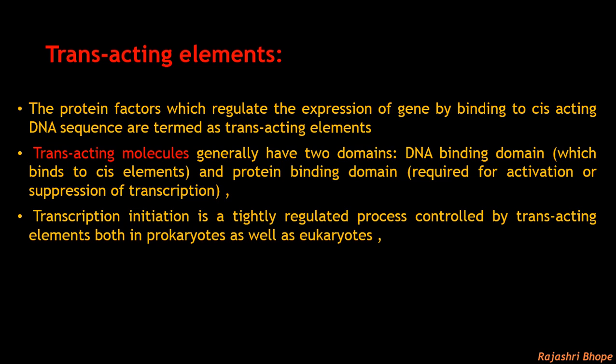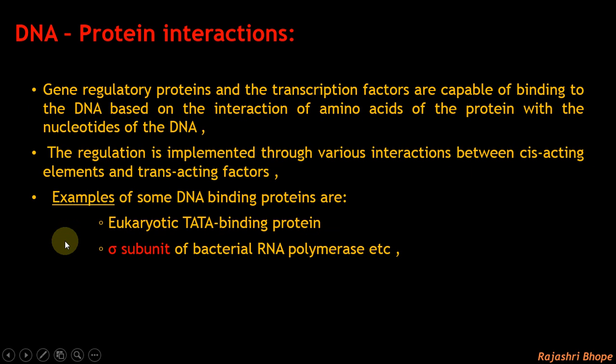Trans-acting elements are located far away from the gene but can control gene expression. They have two domains: one is a DNA binding domain and the other is a protein binding domain. Transcription initiation is a tightly regulated process controlled by trans-acting elements in both prokaryotes and eukaryotes.